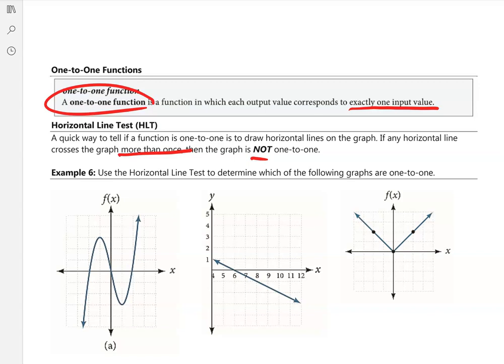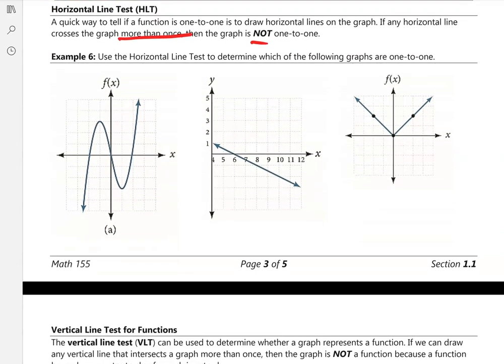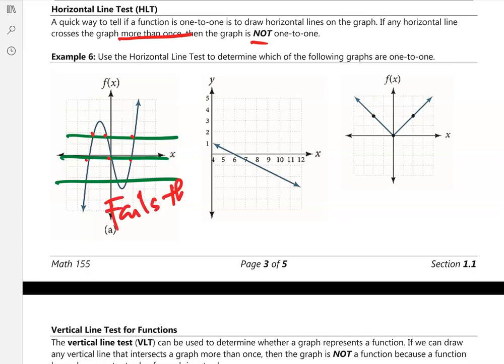Example number 6, use the horizontal line test to determine which of the following graphs are one-to-one. You can just draw a horizontal line like this, or here, or here. As you can see, there is more than 1 point on the graph. So that fails the HLT, horizontal line test.